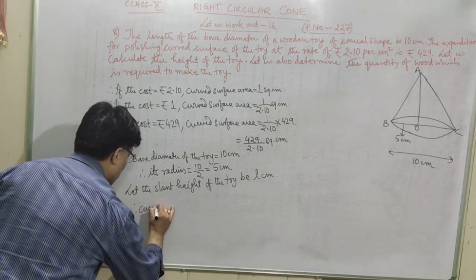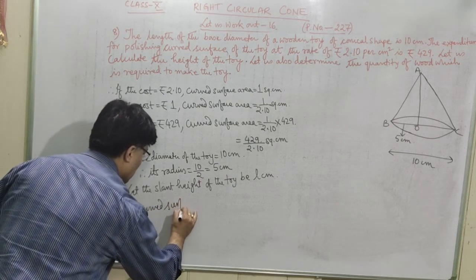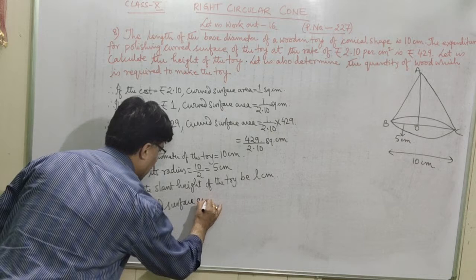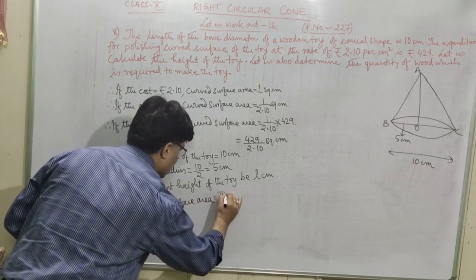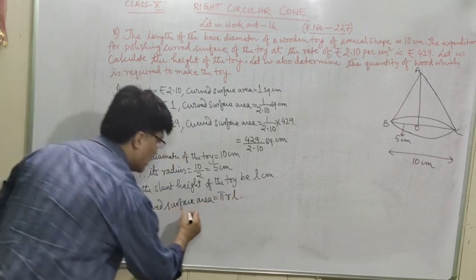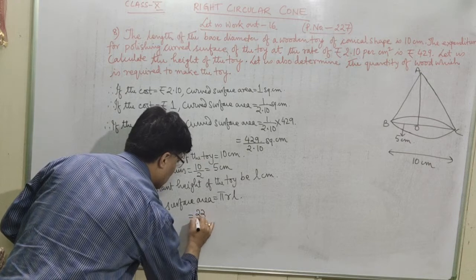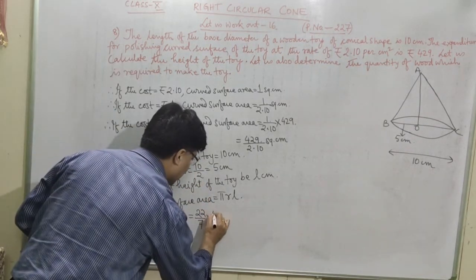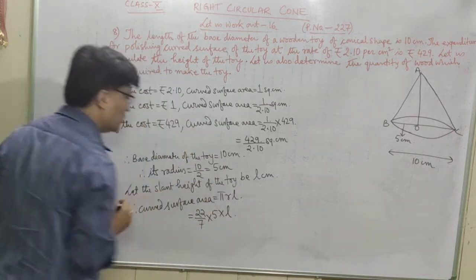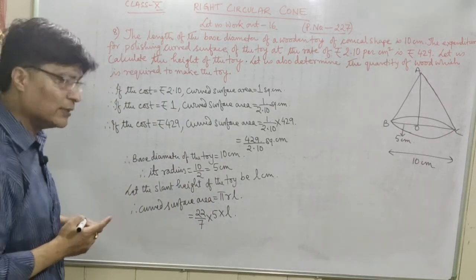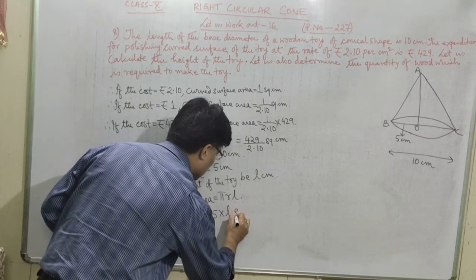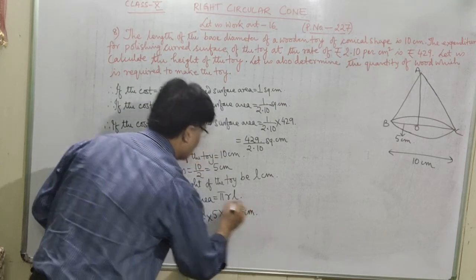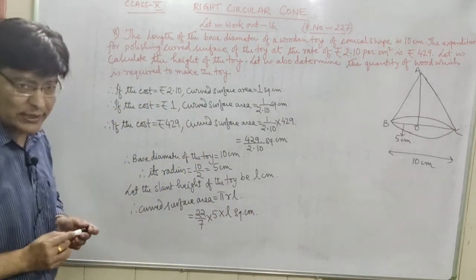Therefore, curved surface area is what? It is pi RL. What is pi? Pi means 22 by 7 into, what is the radius here? It is 5 into, we don't know the slant height. So let us write here L. What is this unit? It is square centimeter.